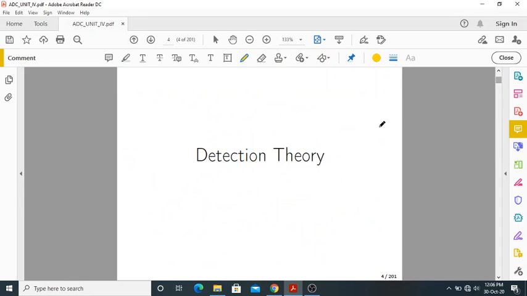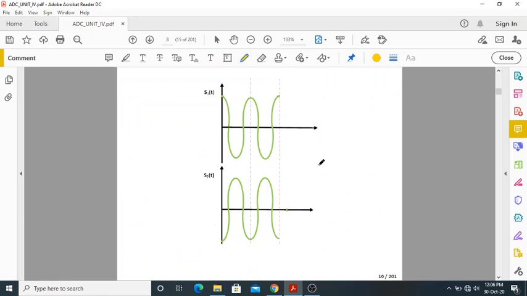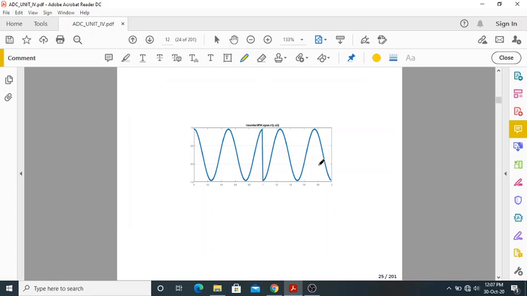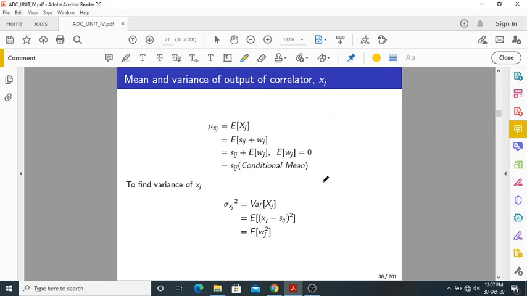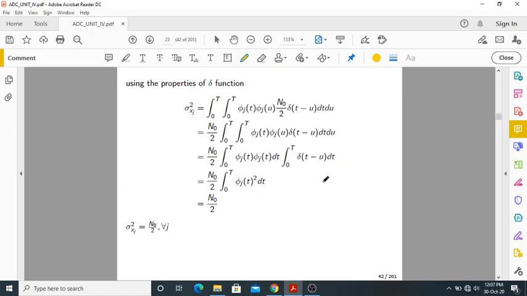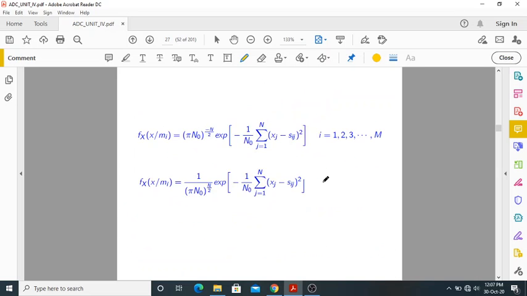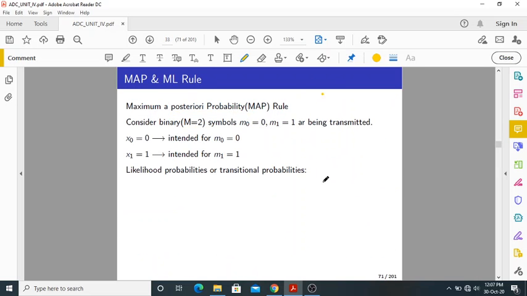I told you in the starting itself, that's why I need your complete attention. I don't know whether I have written it here or not, but maybe not in this slide. In third unit I told you. So we assume that all the M transmit symbols are equiprobable, so each and every symbol will be transmitted with a probability of 1 by M. Okay, you go and see in third unit. I think it is there in third unit.